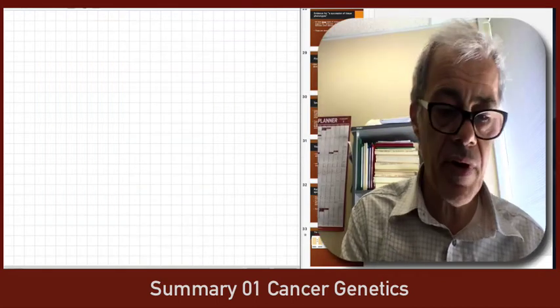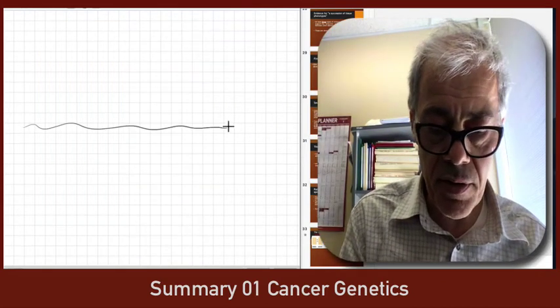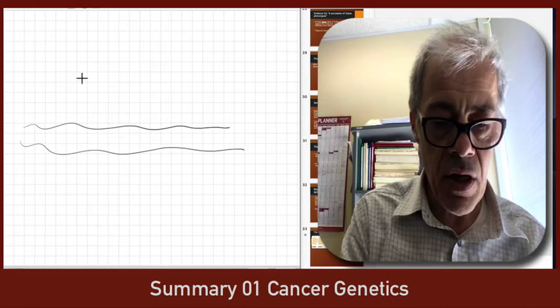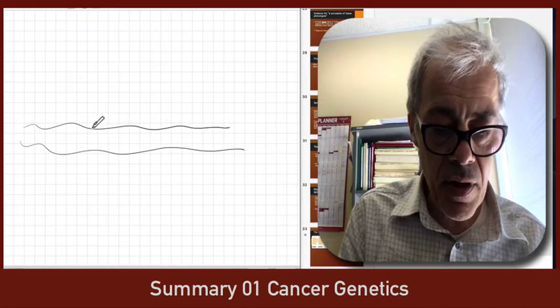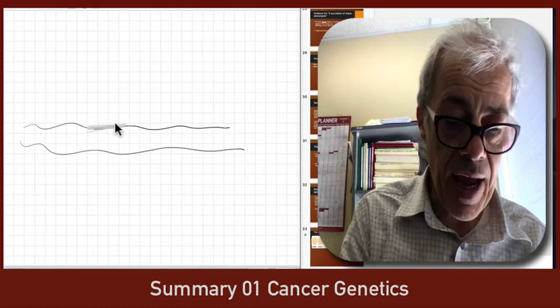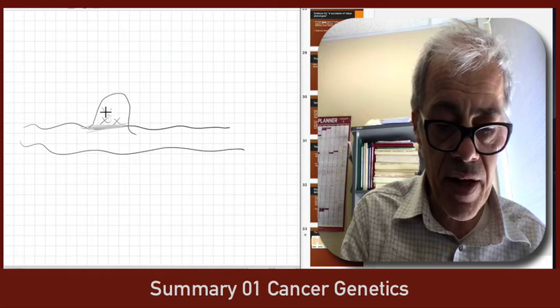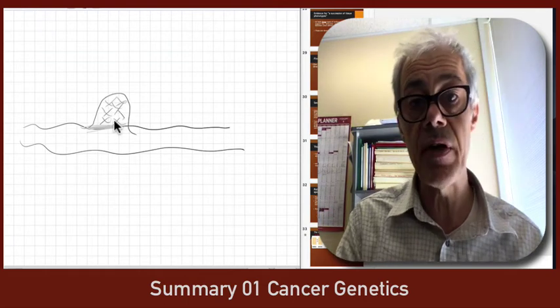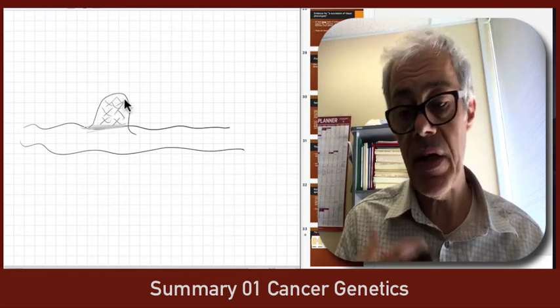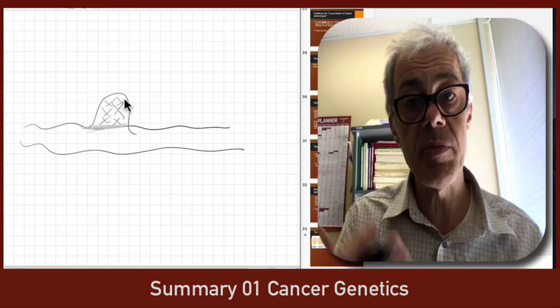So one point of evidence was that when you're looking at normal cells, so you've got these normal cells here, at some point there's been a mutation of some description, and there's a growth of cells here which are growing at a faster rate than those around it. All right, so this might be some small growth that's observed, I don't know, a polyp of some description or something.